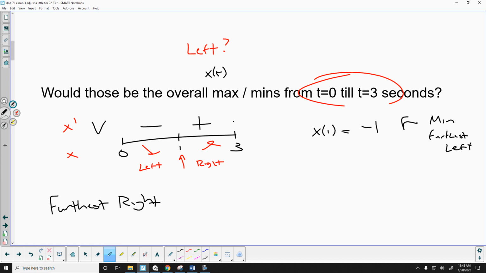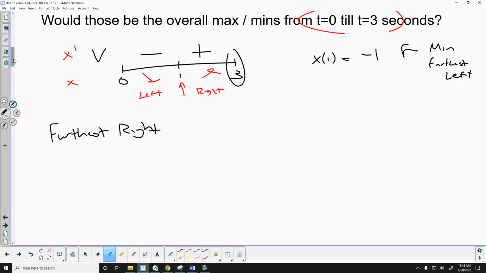Now, most of us would guess 3. Why? Because 0 to 1 is less time than 1 to 3. I had more time to increase. But what I want you to know is, you've got to be careful. Don't assume it's 3. Just know that it has to be an endpoint.